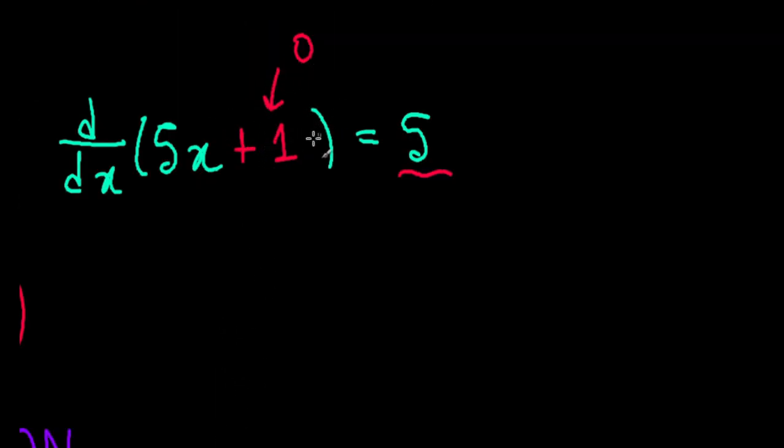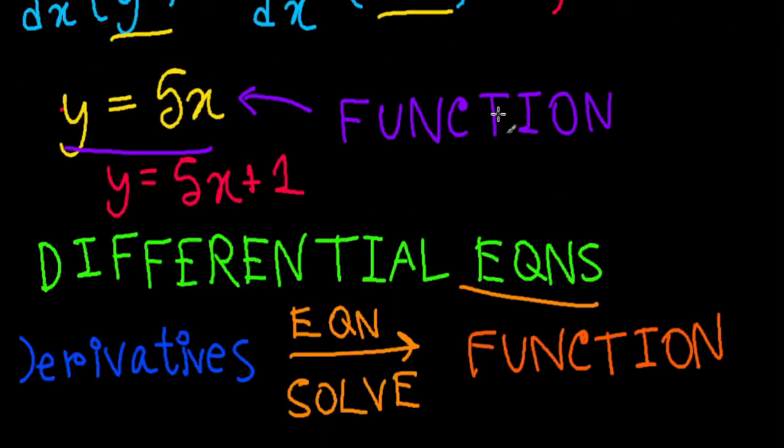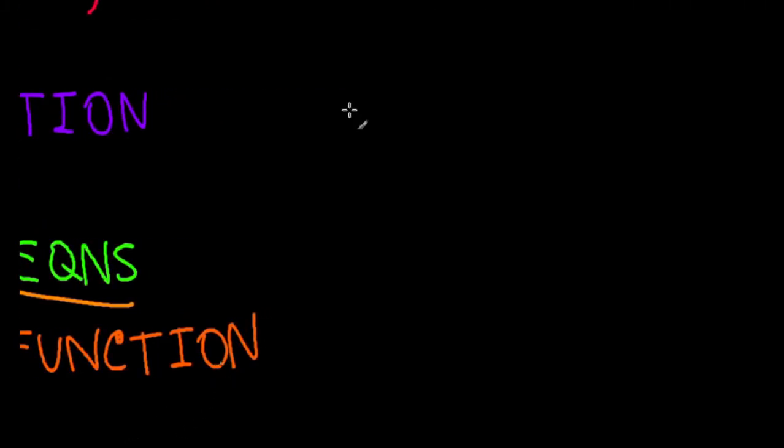I think you see where this is going. You can add any constant here, and this would still be valid, going by all the logic I used here. So you could have a plus c, and what you get at the end is y must be equal to 5x plus c.